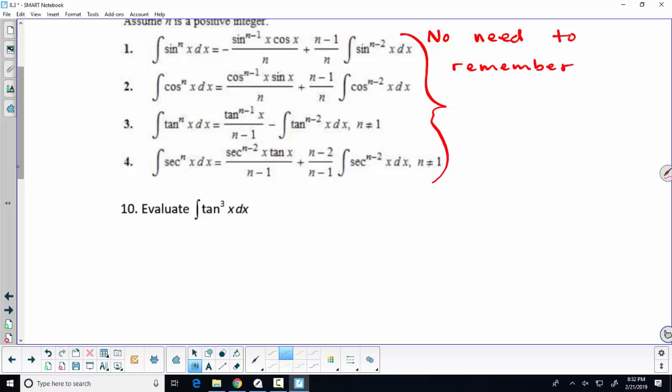And again, just to get a feel for how it works, let's use reduction formula 3 with the antiderivative of tangent cubed. So here, what they're calling n is equal to 3.